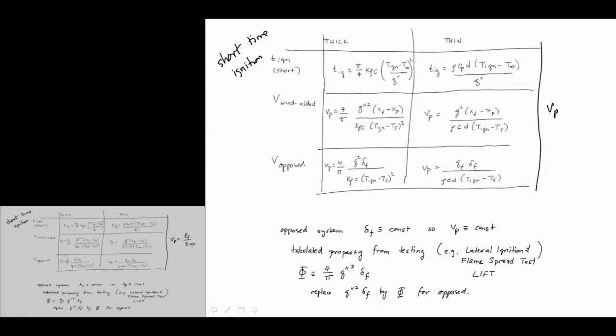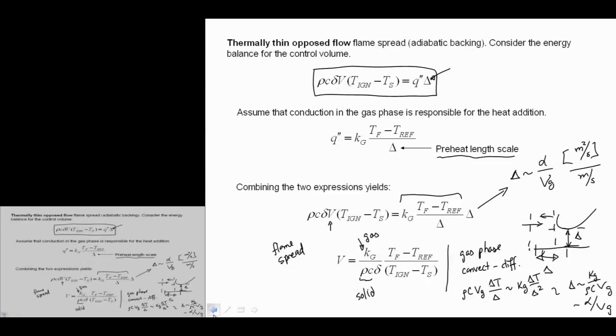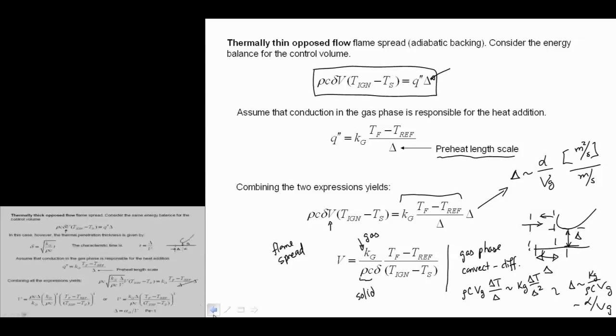For the opposed, there is a question that remains about, again, this value of delta sub F. Here we sort of sweep it under the rug by saying that we can define a delta sub F in terms of these gas and solid parameters.